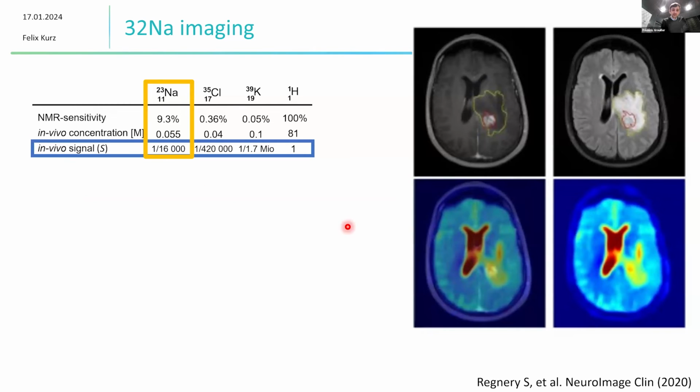So these are sodium imaging pictures of a higher grade brain tumor. And you see, especially here in the solid parts, you have an increased sodium uptake that is mostly related to the increased energy metabolism.